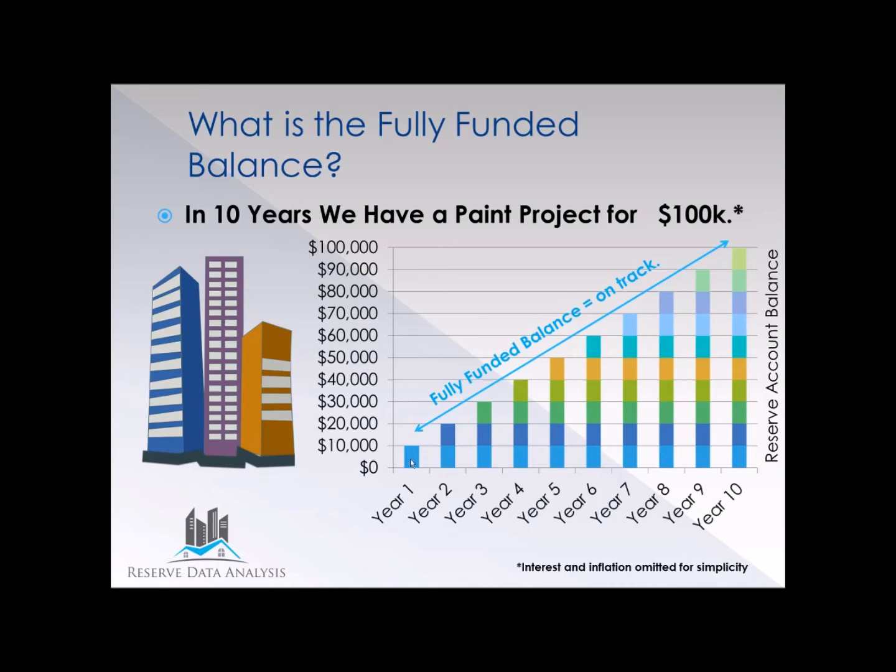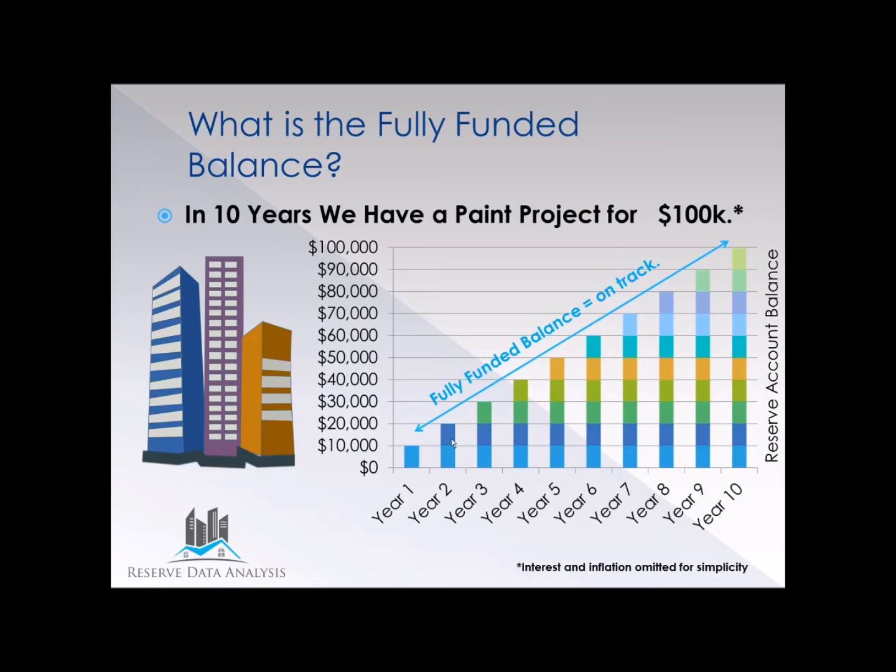So in year one, and this would be an ideal community, this is how much they should be setting aside each year. Year one, they're going to want to set aside $10,000 because they've utilized 1/10 of the paint of that building. And since we know we have a projection of $100,000 at the end of 10 years, that first year is going to be $10,000.